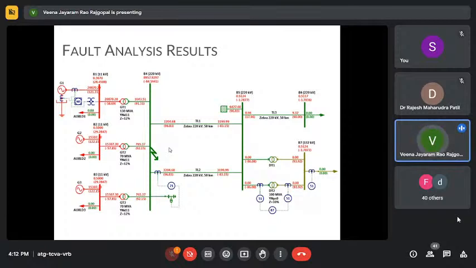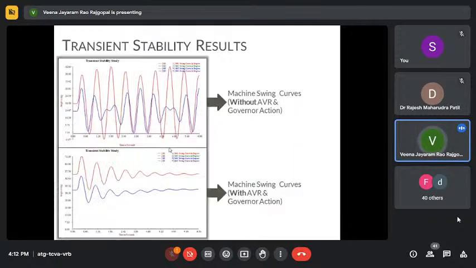So I can say, okay, at this bus, this is the fault current. Now show me the flows in the other parts of the network. You limit the fault level to the measured value, and then see how the distribution is, or whether any of your breakers have been exceeded. That kind of analysis can also be done.